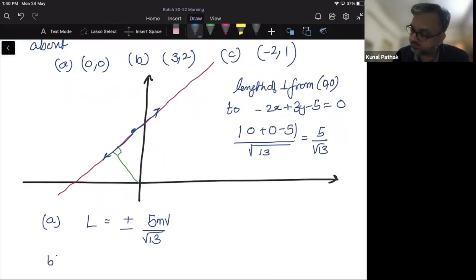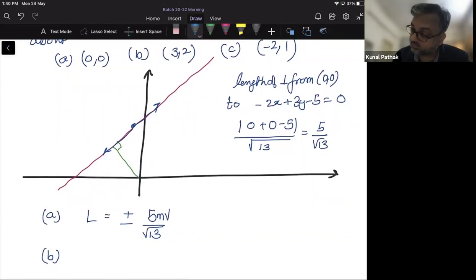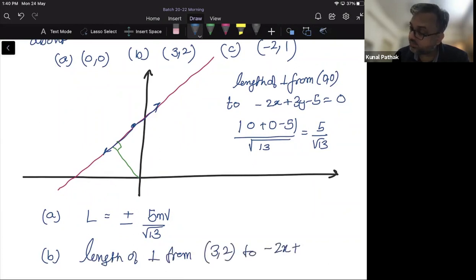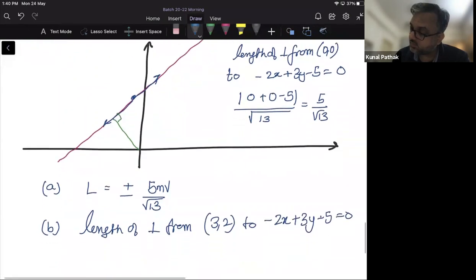B. Length of perpendicular from 3, 2 to minus 2x plus 3y minus 5 is equal to 0 will be equal to mod of minus 6 plus 6 minus 5 by root 13 is equal to 5 by root 13.